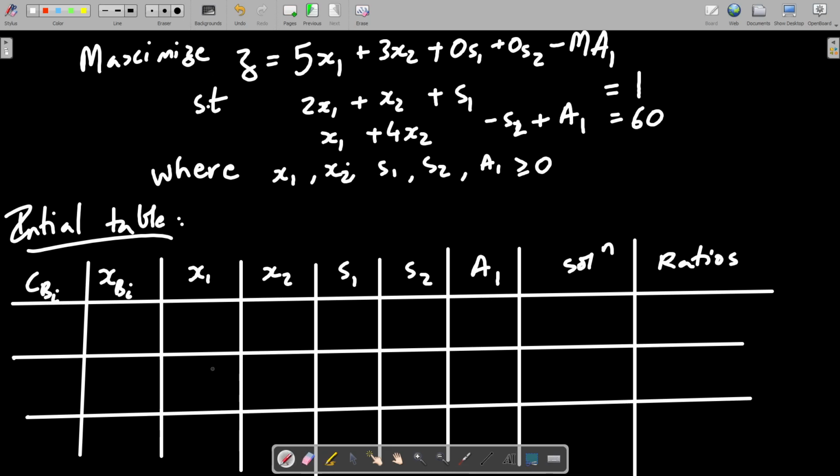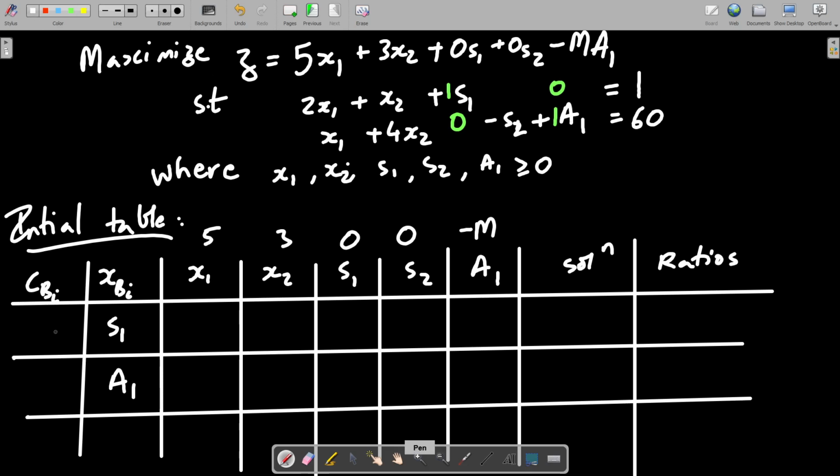Okay, so let me write down the entries here. This is 5, 3, 0, 0, minus M. So what are the starting solutions? S2 and A1. These are the columns of the identity matrix. So here you had 1 and here you had 0, 1. So this gives the identity matrix, so the coefficients I'm writing in that order.